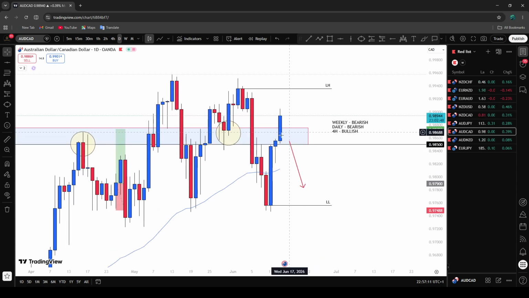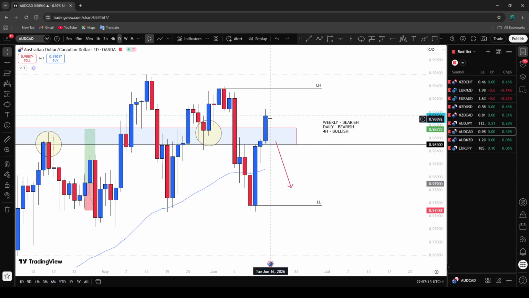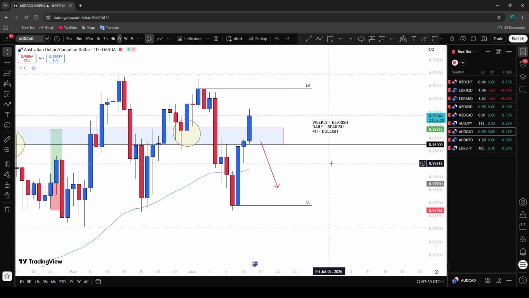So if I don't get rejection here, even if price closes above this, I still need price to come below here. Price to come like this, then you have the retest before you have the push down. So that is what I'll be looking out for.